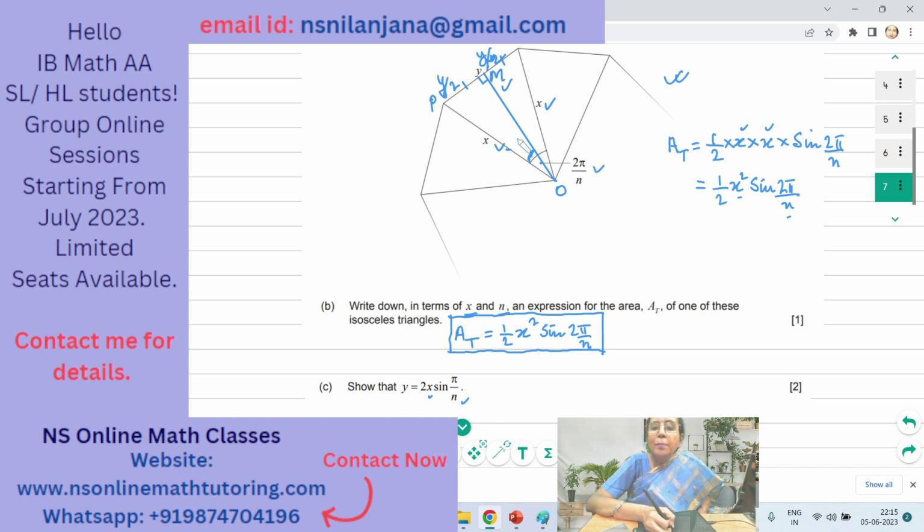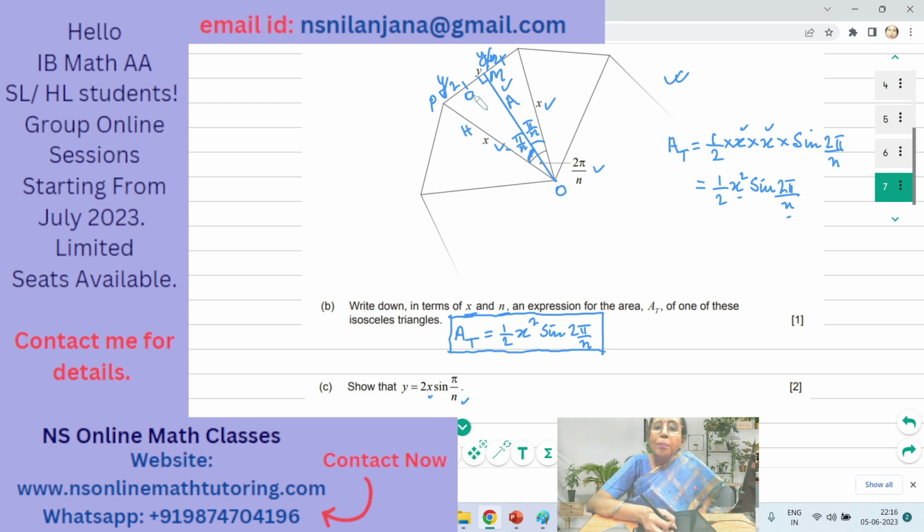So this will be pi by n, and this will also be equal to pi by n. Okay? So, with respect to this angle, which side is y by 2? It is the opposite side, and this is the adjacent. And of course, this x is the hypotenuse, opposite to the right angle.